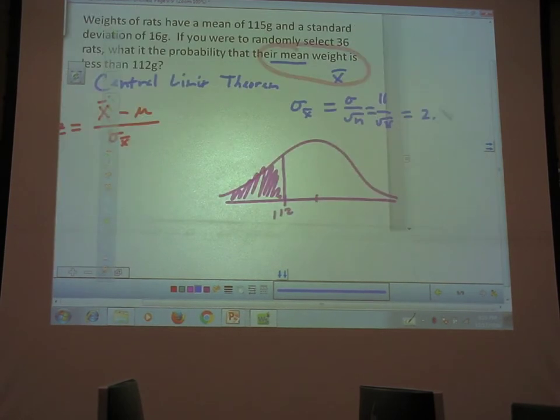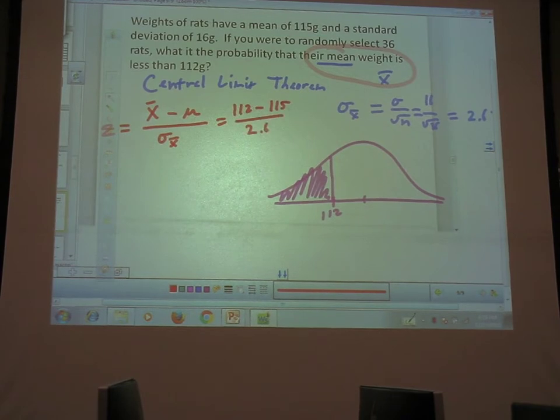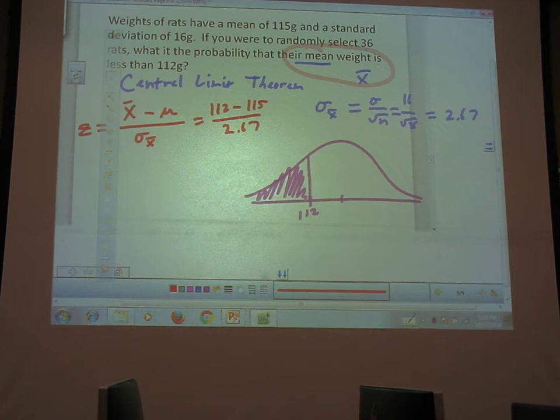Great. So here we're going to do 112 minus 115 over 2.67. Everybody do it. If you didn't do it already, do it now.